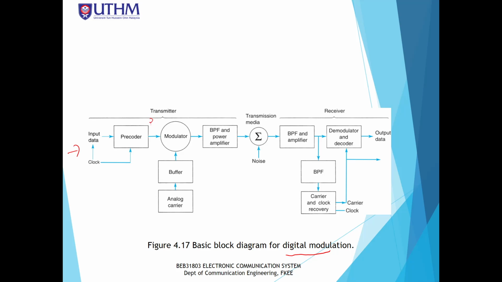So now the output is digital, and then we have an analog carrier here, and then we do the modulation process, and then bandpass filter and amplifier, and then we transmit into the wireless medium, and then there's a noise here, and then at the receiver side we're gonna filter the input and then amplify the signal, and then we do the demodulation process with the analog carrier. Okay, and then we're gonna get the output.